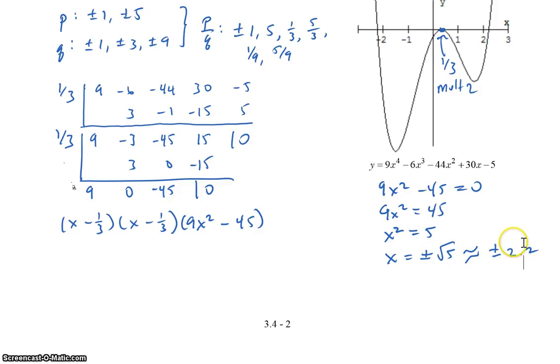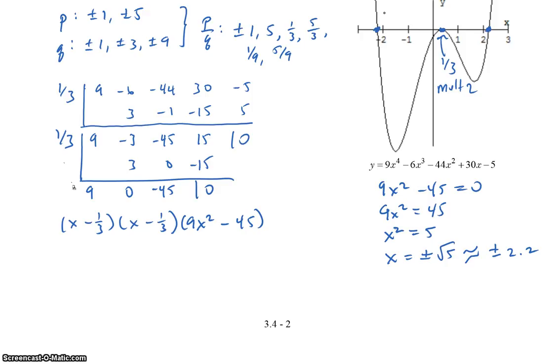If you look at the x-intercepts there, the other two x-intercepts do appear to be at 2.2 and negative 2.2. That's square root of 5 and negative square root of 5.